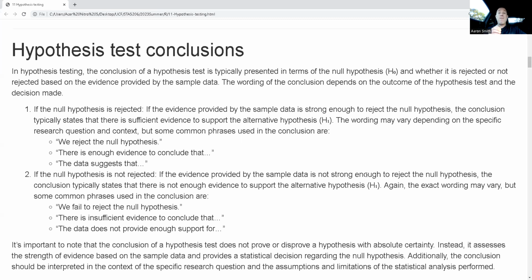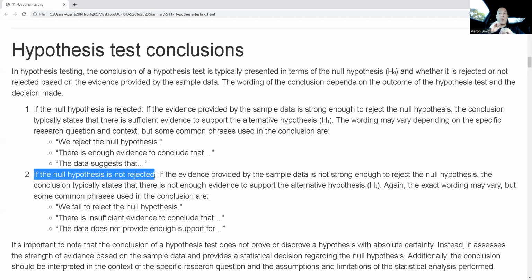The wording may vary depending on the specific research question and context, but common phrases used in the conclusion are, we reject the null hypothesis, there is enough evidence to conclude that, the data suggests that. If the null hypothesis is not rejected, if the evidence provided by the sample data is not strong enough to reject the null hypothesis, the conclusion typically states that there is not enough evidence to support the alternative hypothesis.